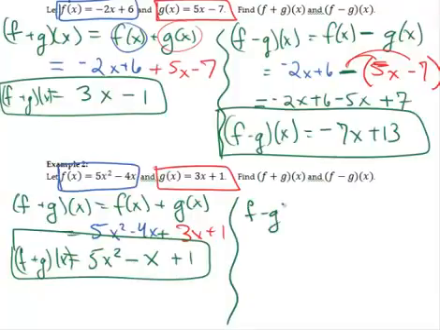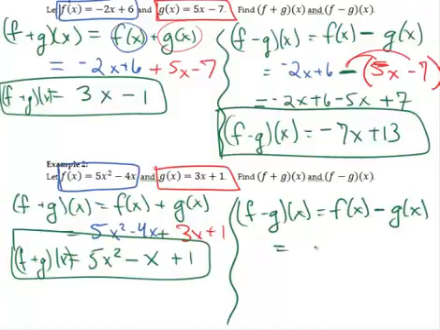And then a subtraction one. F of x minus g of x. And again, we're going to use parentheses here because we're subtracting the entire g of x function. I want to make sure that that negative gets distributed to all parts of that 3x plus 1.